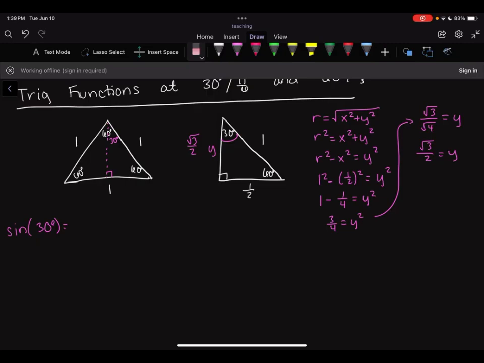So sine of 30 degrees, remember that sine is opposite over hypotenuse, so it'll be 1 over 2 over 1. And that simplifies to just 1 over 2. Cosine of 30 degrees, cosine is adjacent over hypotenuse, so that's going to be root 3 over 2 over 1, so that's just root 3 over 2.